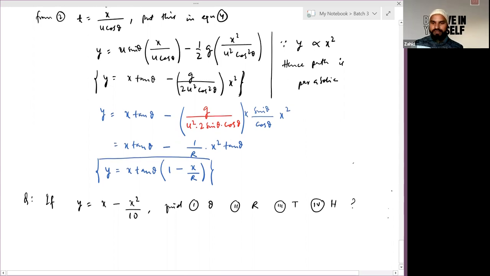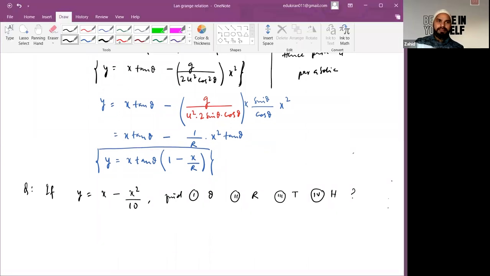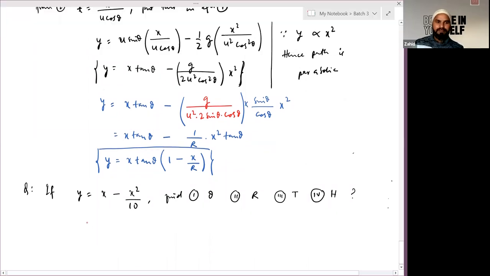So I'm defining first how to relate it. Since we have y is equal to x minus x squared divided by 10, we may first take out x as common. So it will be x times 1 minus x over 10 is equal to y.